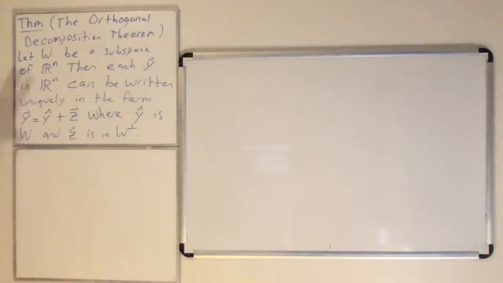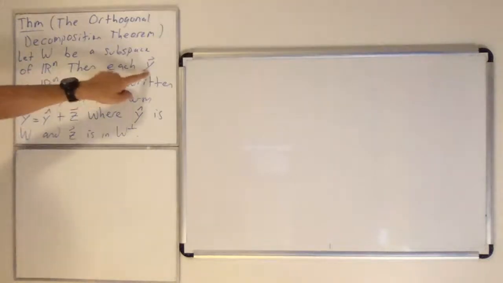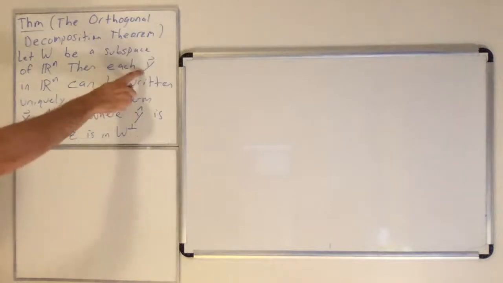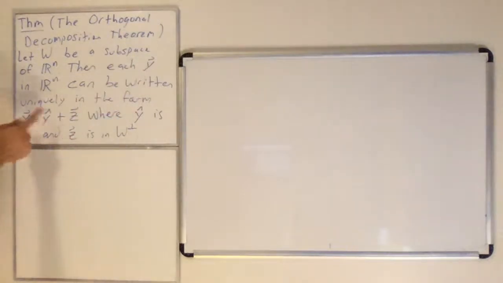Okay, so what this theorem says, and there's a little bit more to it, or like a second part to it, is if we have a subspace in Rn and just some arbitrary vector, we can write it as a sum of two vectors where one of the vectors lives in W and the other one lives in W perpendicular.